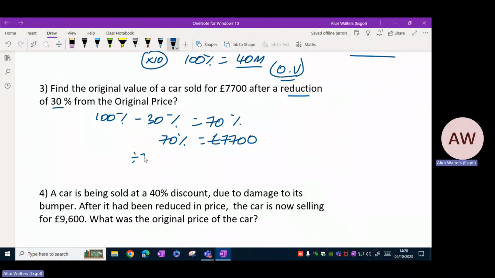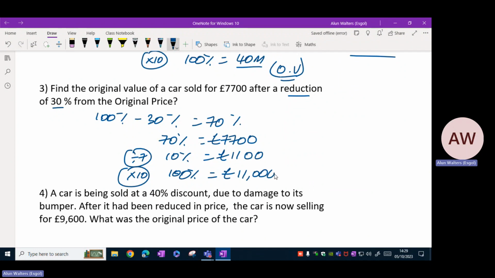Divide both sides by 7, and I end up saying 10% is equal to £1,100. I'm going to multiply both sides by 10, and I end up with 100%. The original value is £11,000. That's the original value. And you can do a check on that as well.